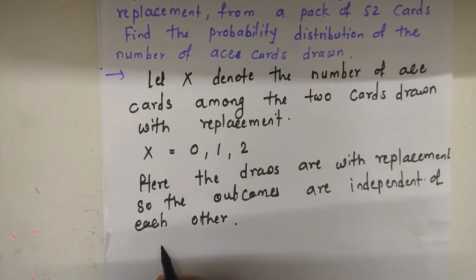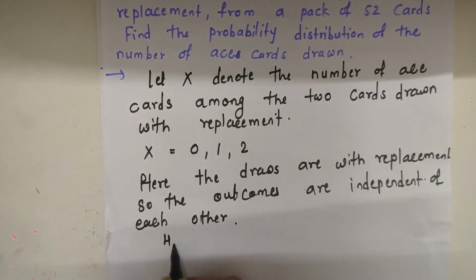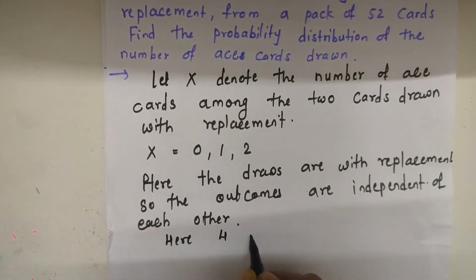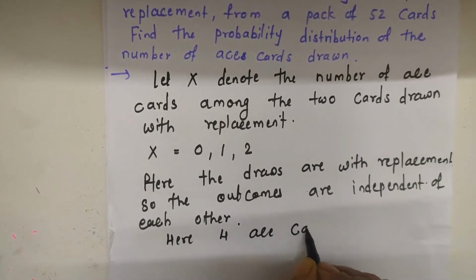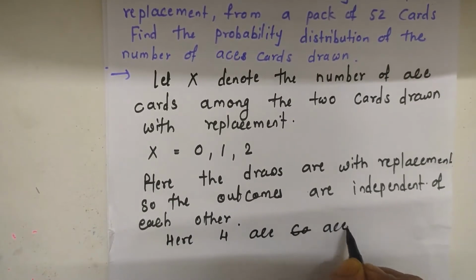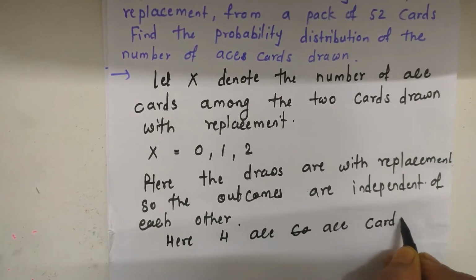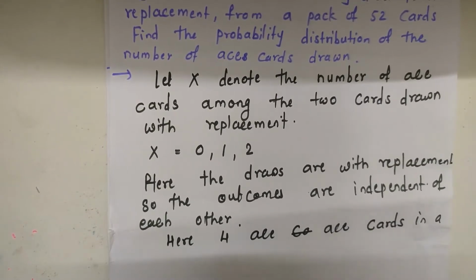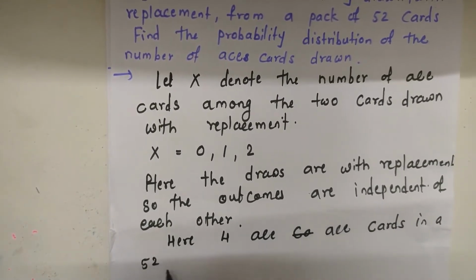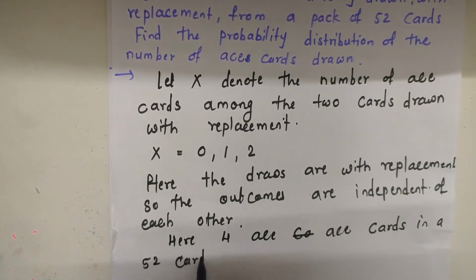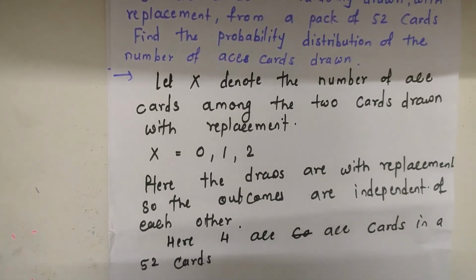Now here, there are 4 ace cards in a pack of 52 cards. We know that there are 4 ace cards in a pack of 52 cards.